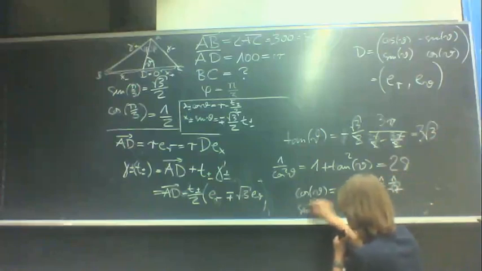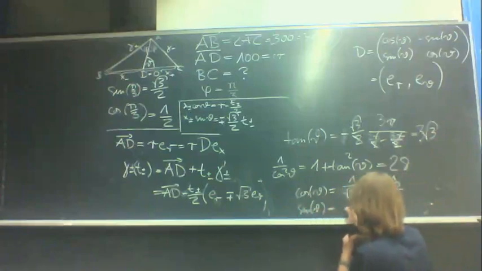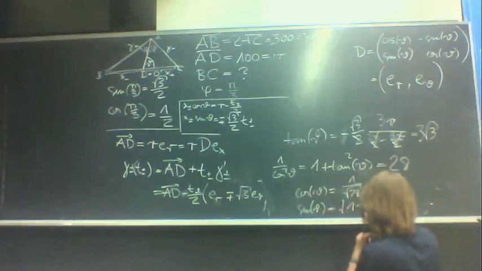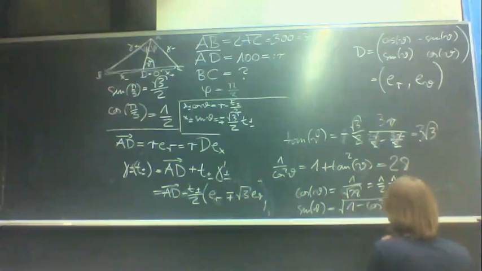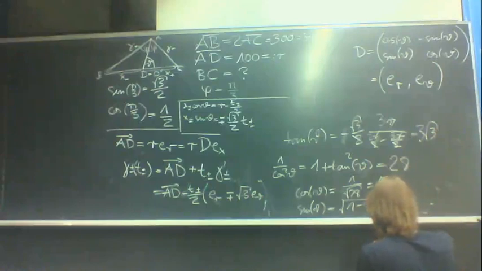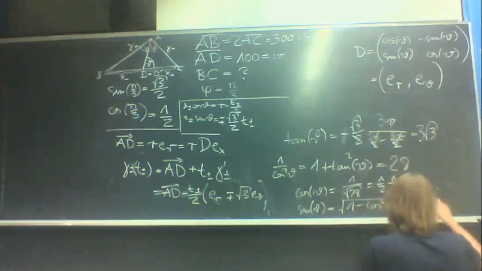And sine of theta, of course, is just square root of 1 minus cosine squared. So this will be like 1 over 28, so this will be 27 over 28 and the square root of the whole thing.